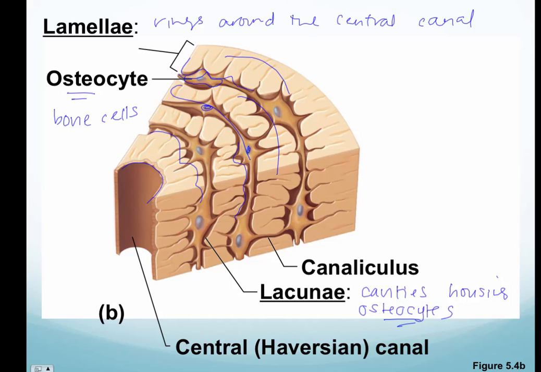If you also notice, we have these finger-like extensions that span from one cell to the other. What are these called? These are called canaliculus or canaliculi. The purpose of this is to connect all these nutrients and oxygen and ions coming from those arteries in the central Haversian canal, from one osteocyte to the other as they are farther away from the central canal.